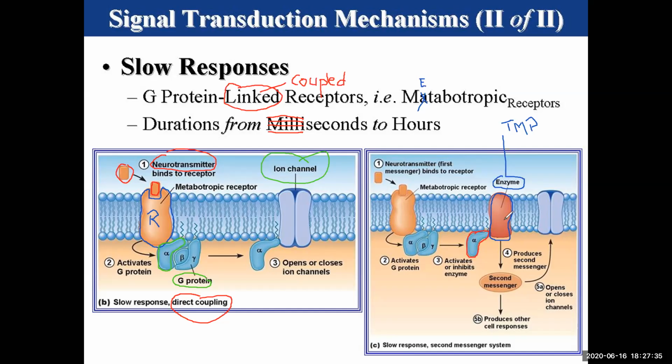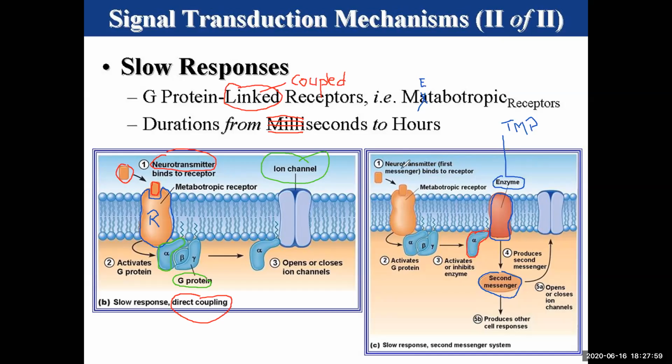That enzyme specifically has a name, AC, adenylyl cyclase. Don't write it down, just listen. So the adenylyl cyclase will convert ATP to one of the most important second messengers, cyclic AMP. Just down here, second messenger. It's a new concept. Because the primary, the first messenger, is water soluble. So it will never get inside the cell. It remains on the outside.